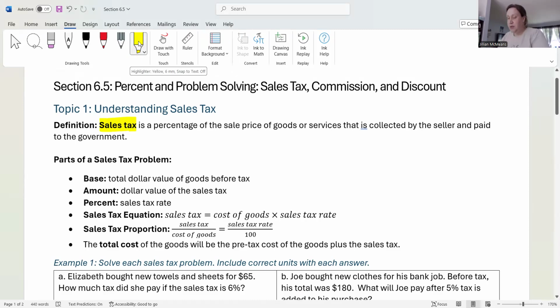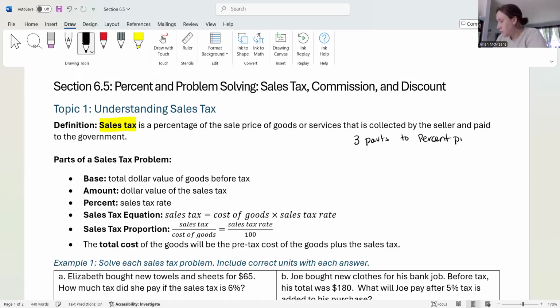All right, and please remember, we have a few definitions from our work with just percents that we need to make sure we remember because it's going to be a big part of what we do here. When you're dealing with percent problems, they all have three parts. We have the percent, which is fairly obvious. It's either given to us or it's clearly the thing missing.